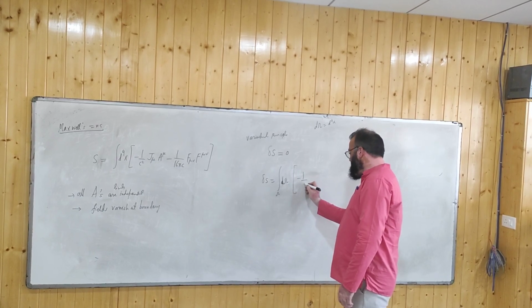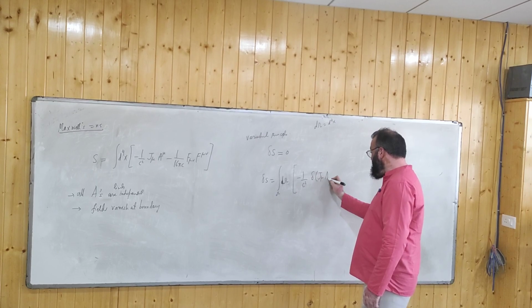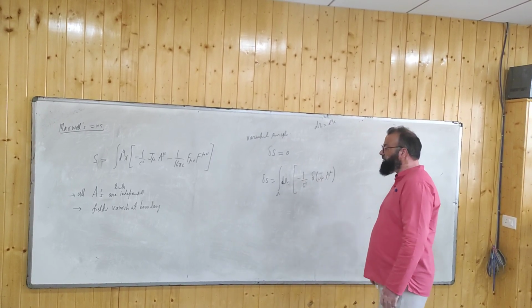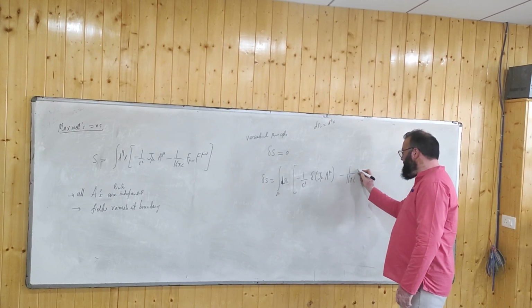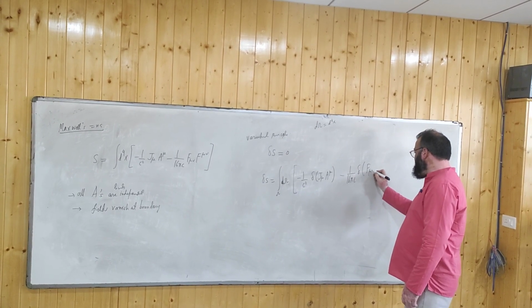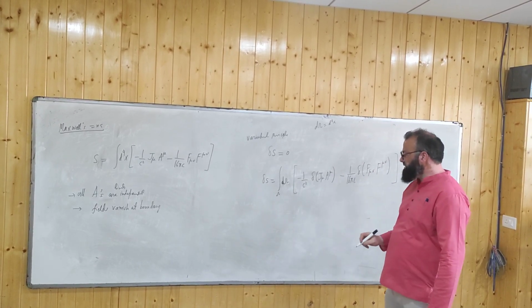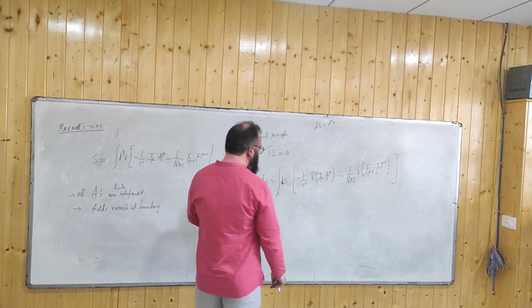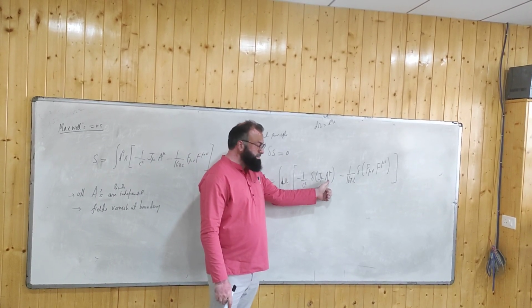So I now have minus 1 by c squared, the variation of J mu A mu, and then minus 1 by 16 pi c, the variation of F mu nu F mu nu, and this variation is equal to 0. Now look here. These sources are independent of the fields.